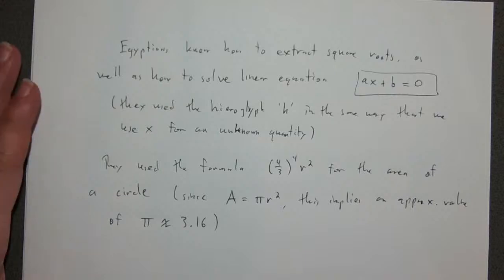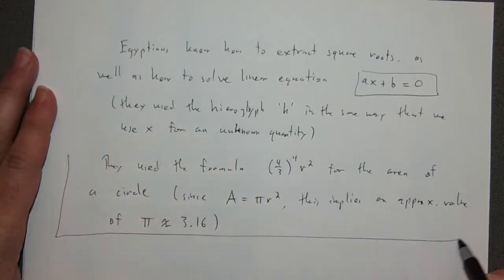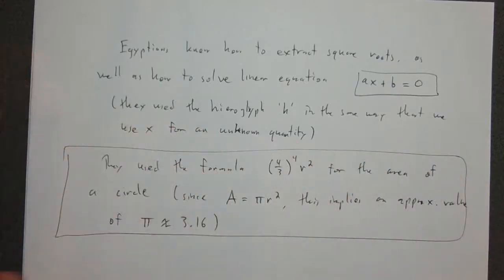Okay. So it's kind of a neat fact. Now, I should say that one of the most interesting things about studying the history of math is to see which concepts certain civilizations got hung up on.